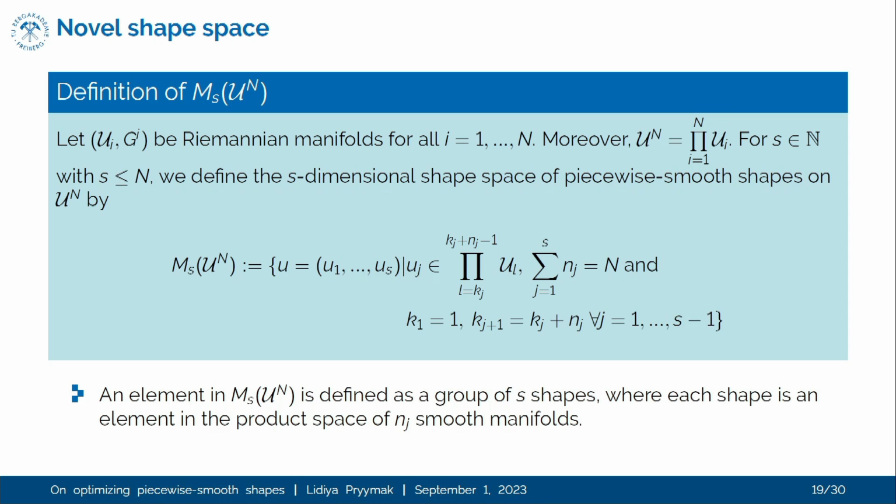That's all this definition says. The main idea here is to take a non-smooth shape, pull it into its smooth pieces and bring them together, and then have a clean mathematical definition. So the multi-shape U always consists of S individual shapes.